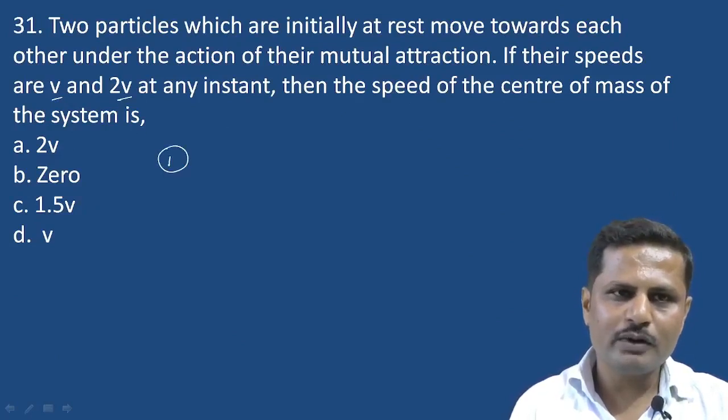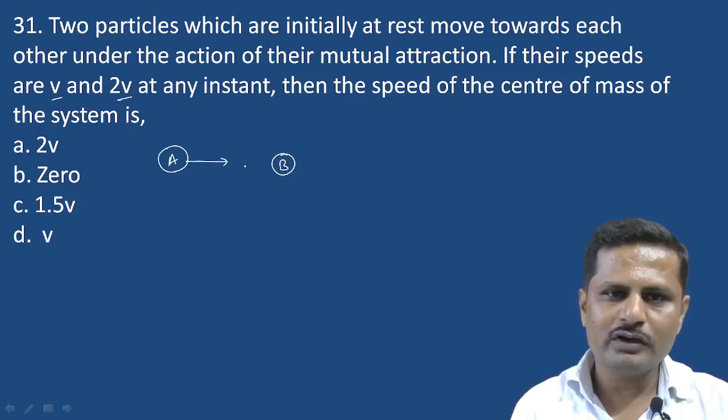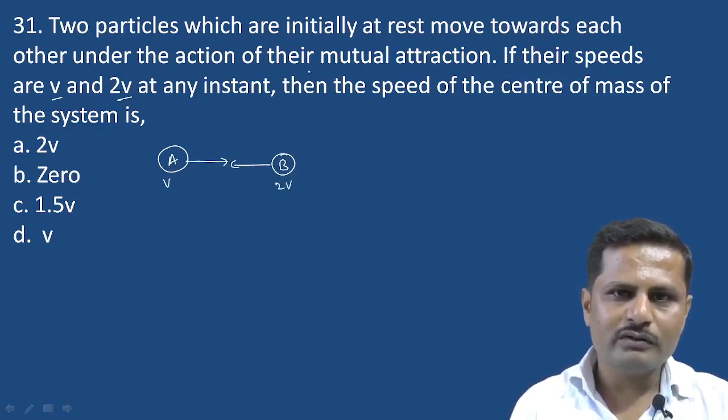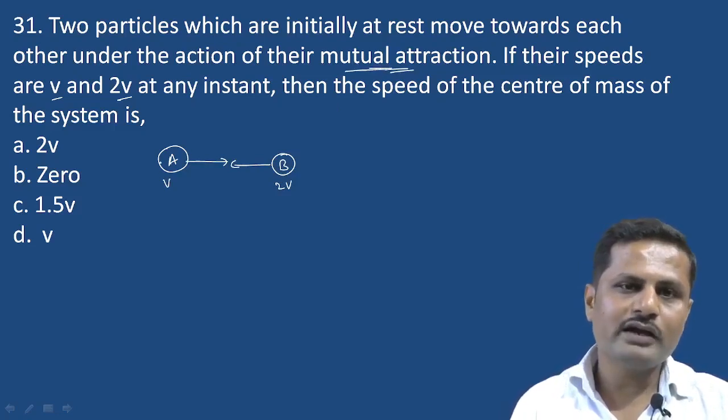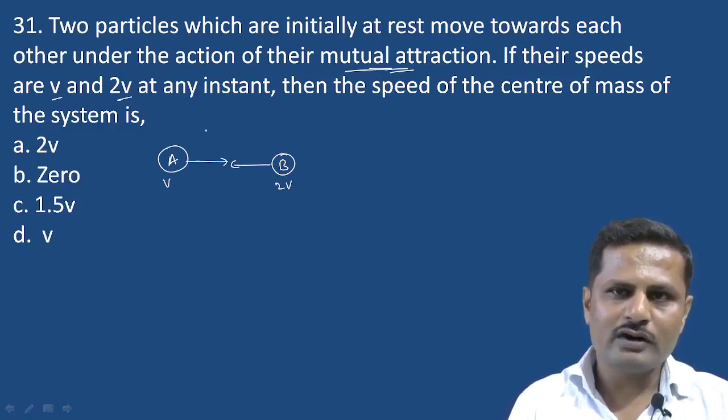Let me consider two particles A and B moving towards each other with speeds v and 2v because of their mutual attraction. That means there are no external forces acting on the system. Initially these two particles were at rest, so the initial momentum of the center of mass is 0.